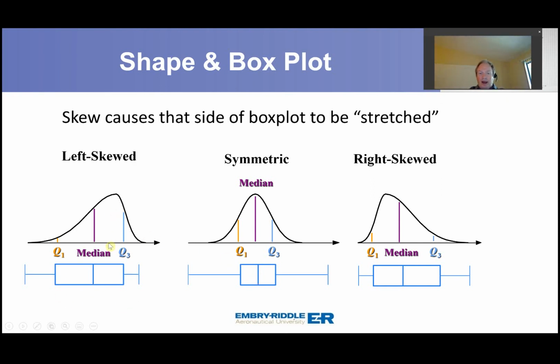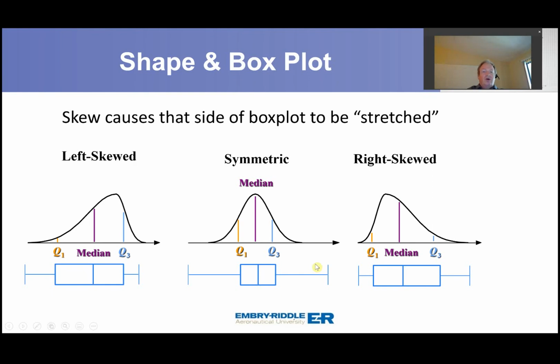However, when we look at a skewed data set, that's not true. When it's left skewed, the median shifts in the opposite direction towards the right tail because the data is bunched up there. And the same thing for right skewed: the median's shifted in the other direction towards the left.